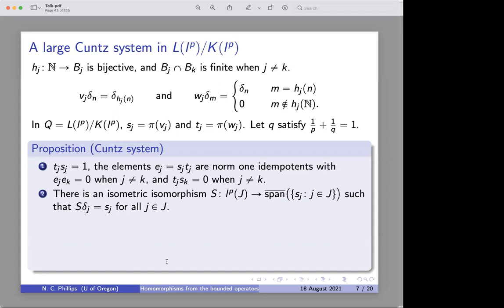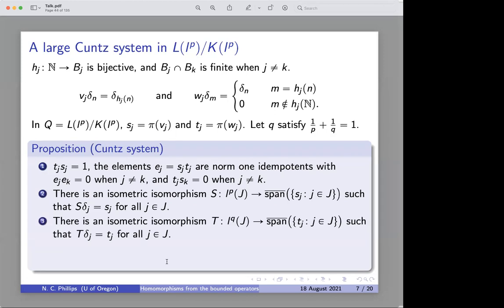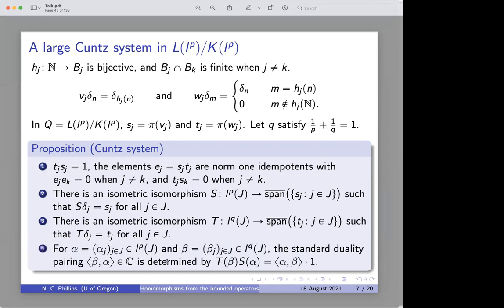And then there's an isometric isomorphism S from little LP of the index set to the span of the Sj, which basically sends standard basis vector to Sj. There's a corresponding one, T, from little LQ of J to the span of the reverses, which has the same kind of analogous behavior on the standard basis vectors.